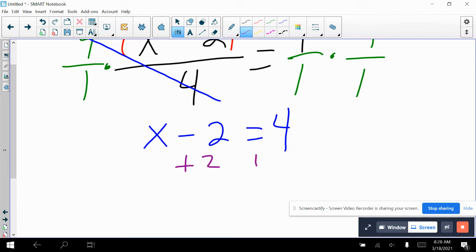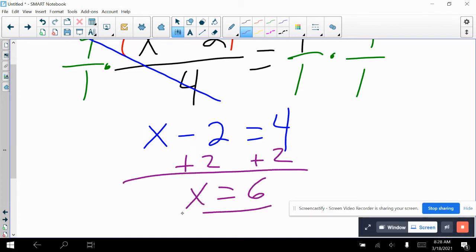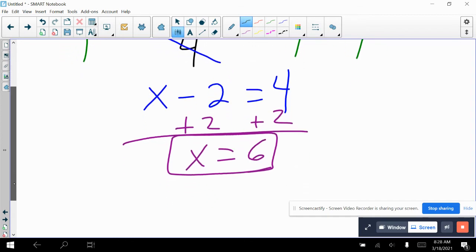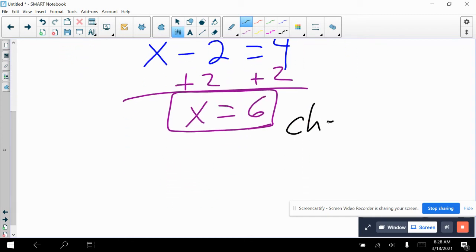We add 2 to both sides, and our solution makes itself. So if we go to check it, we had 6 for our x, our solution.